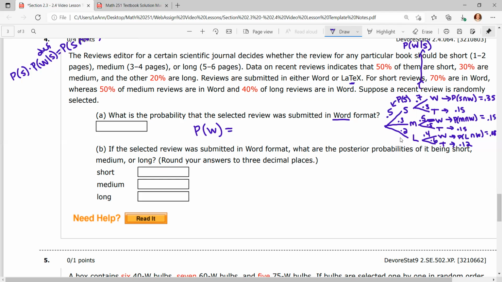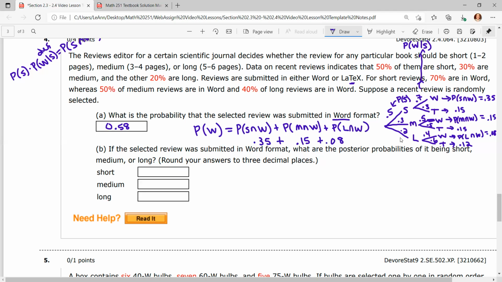So if we add those together, the probability of small intersect Word plus the probability of medium intersect Word plus the probability of large intersect Word, those are all those ending branch conclusions, those intersections. Then that's going to tell us the probability that someone randomly selected a document and the document was in a Word format, because there was this choice or this choice or this choice. So we're adding. And that turns out to be 0.58.